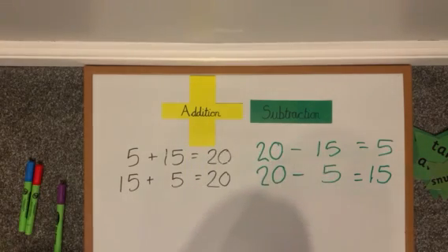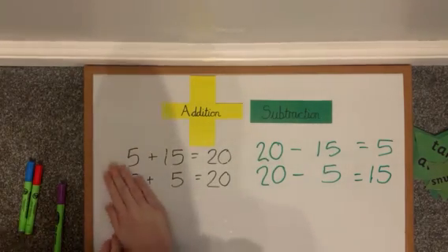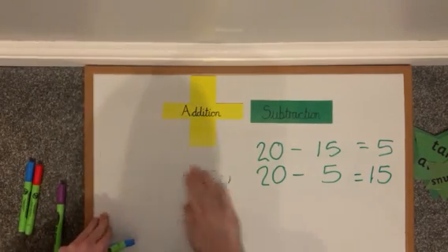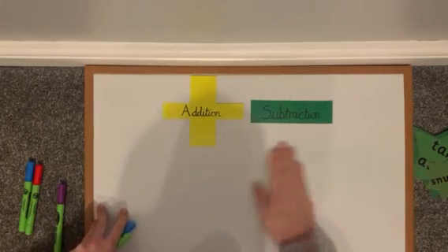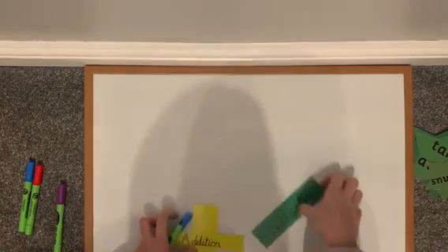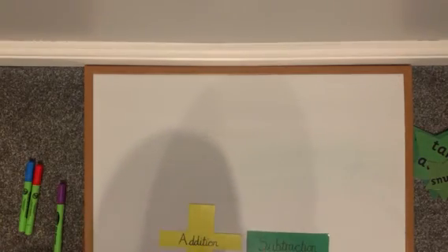There are 4 number sentences in the fact family. Okay, and then as an extension, you could always see at home if you could work out the other number bonds that I haven't included in this video, the other number bond fact families.